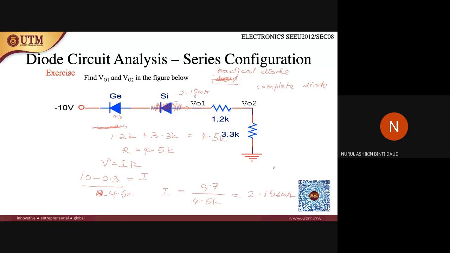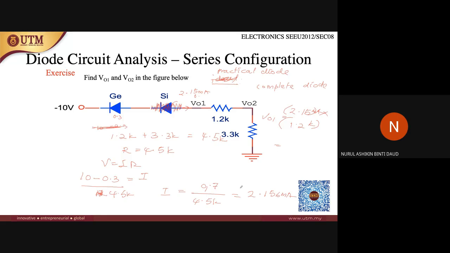So if you want to calculate the voltage at this condition, VO1 is the same as 2.15 milliampere times 1.2 kilo ohm, which is 2.15 times 10 to the power of minus 3 times 1.2 kilo ohm.